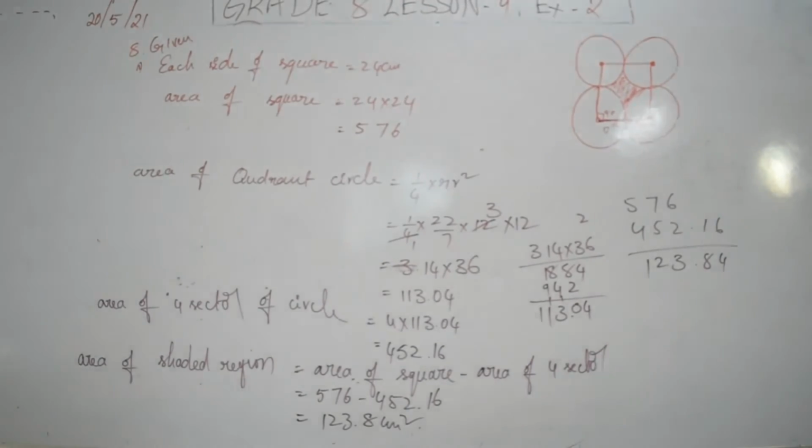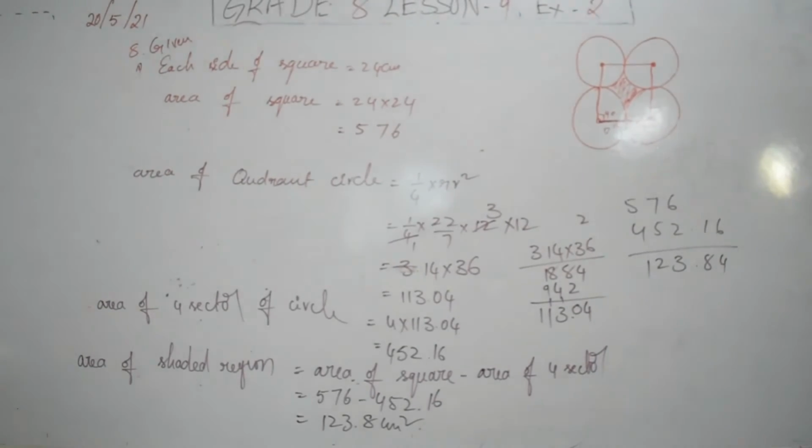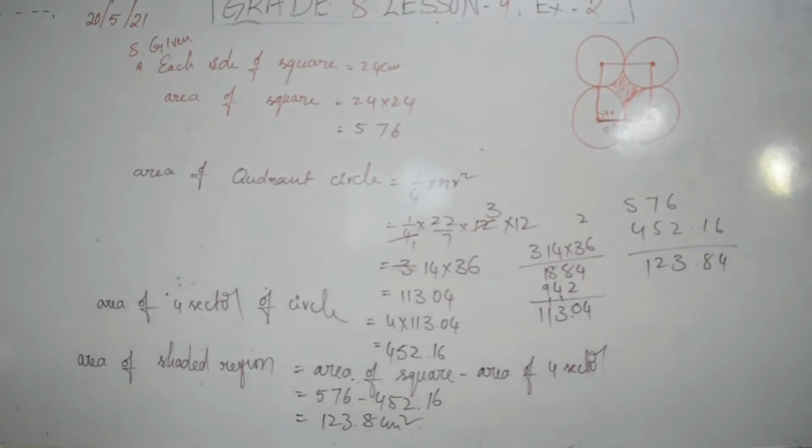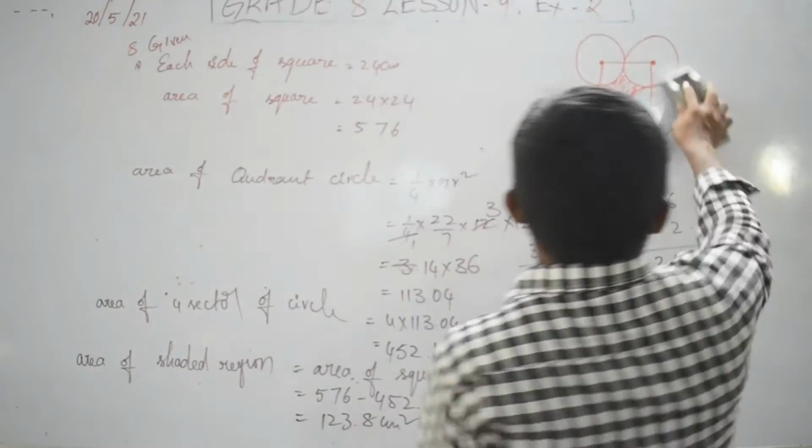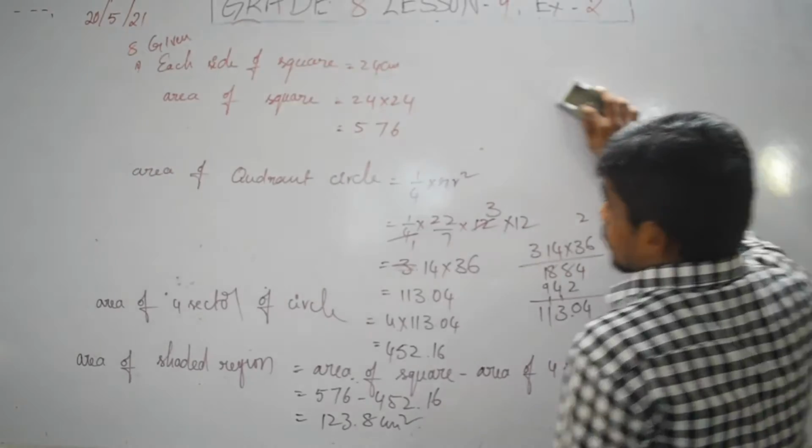A quarter of a circle is removed, given AB and BC are 3.5 and DE is 2.2 centimeters. Calculate the area of the remaining piece of the cardboard. Take pi value as 22 by 7. Here the question is different. Here see.